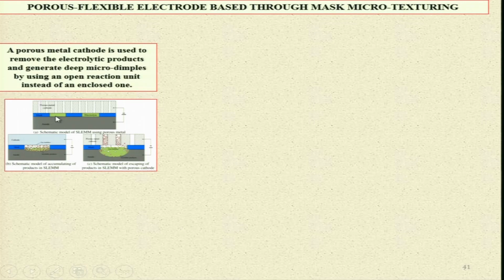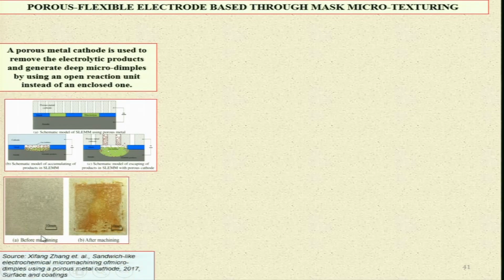Now you can see here, this is the electrolyte over there, this is the mask over there, the tool is there, and this is the workpiece, that is the anode, and you can see here reaction products and gas bubbles are being formed. Since it is porous, the reaction products and gas bubbles come out from here, and that is the advantage of the porous one. And you can see here, this is before machining and this is after machining.